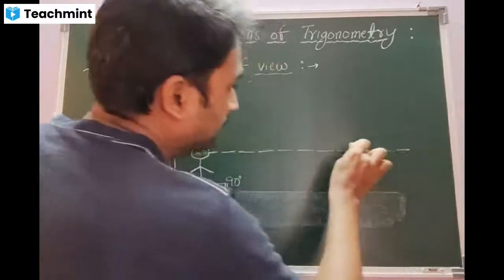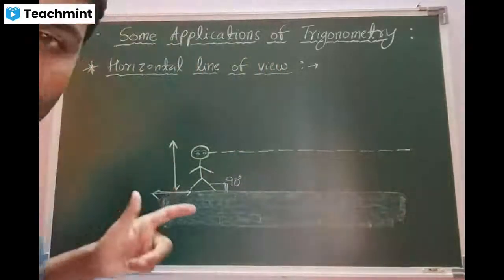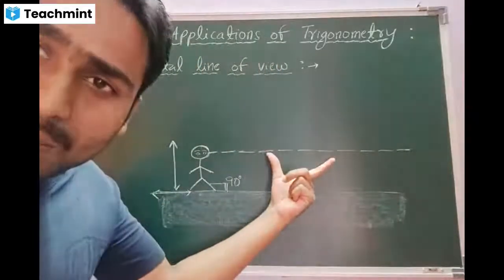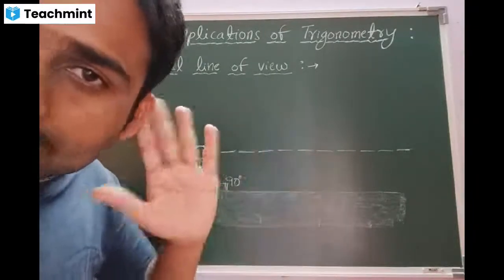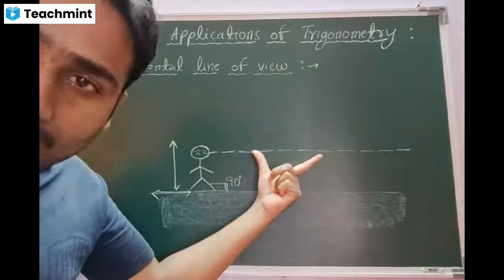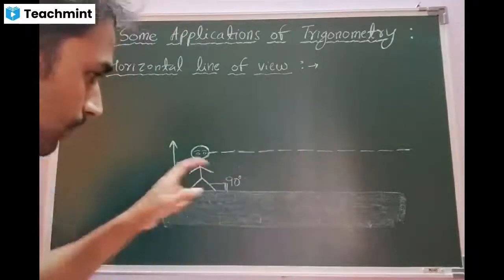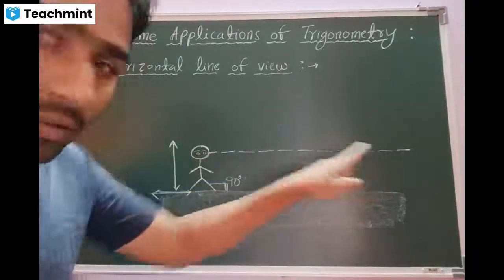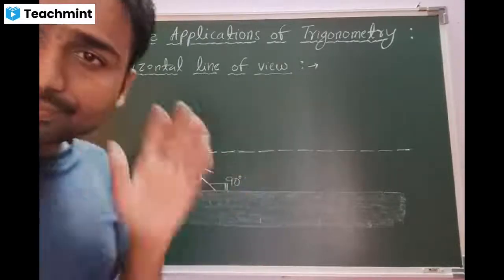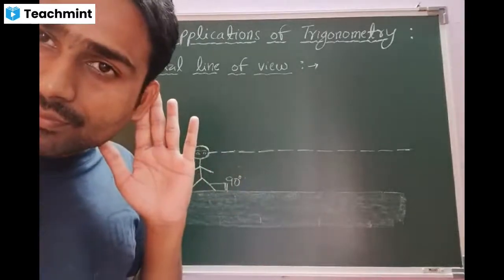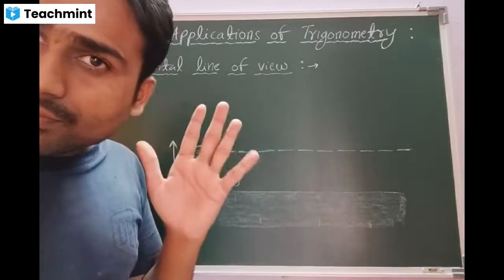Look at this. This is nothing but the line of sight. The reason it is an imaginary line is that it is taken from the eye of an observer. Correct, beta?